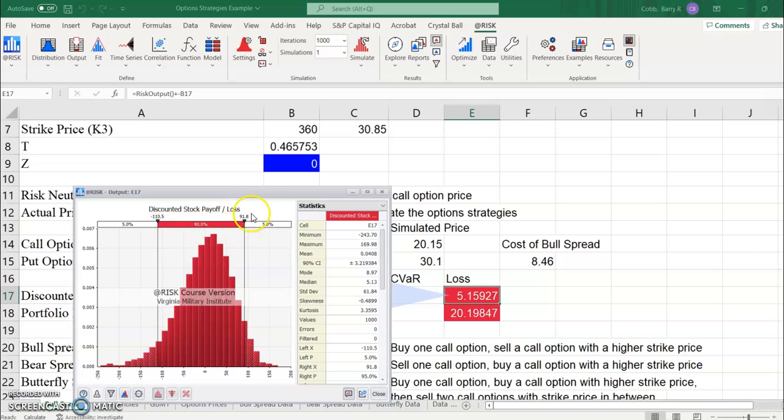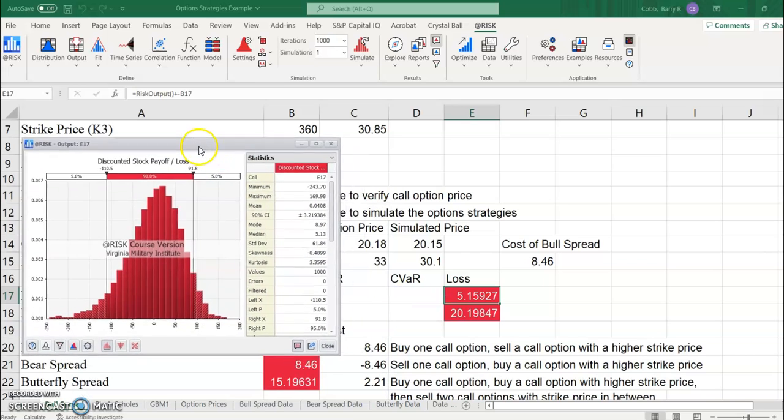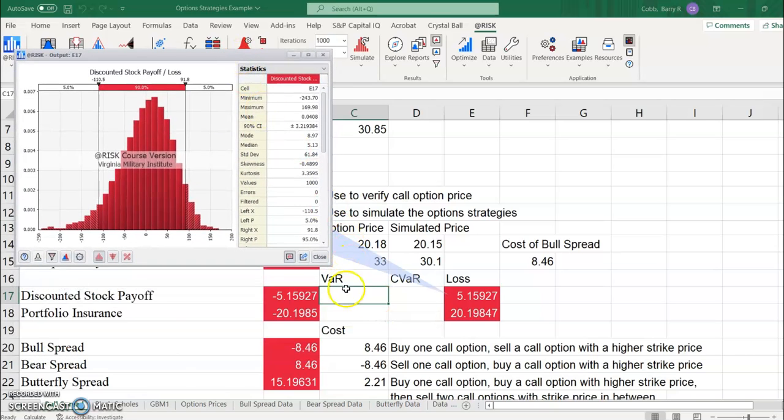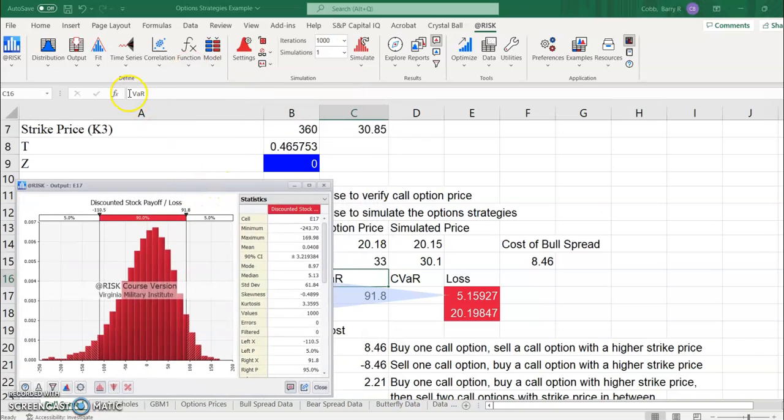So this 91.80 is the 5% value at risk. And we'll note here that this is a 5% value at risk. It's possible to have other percentages.